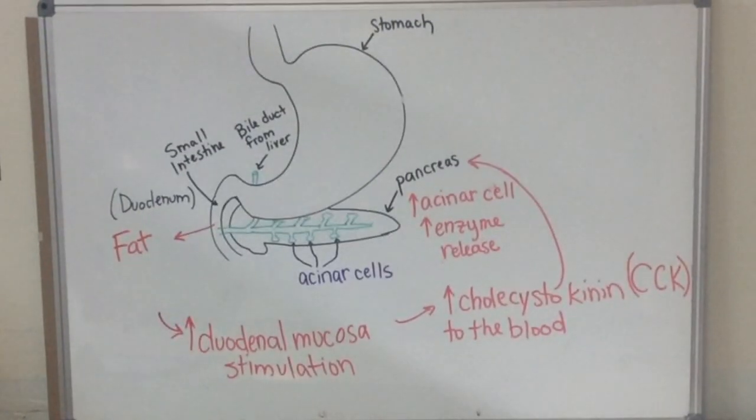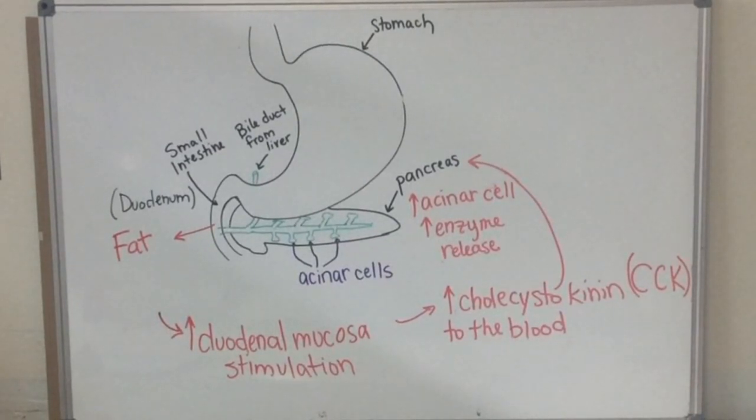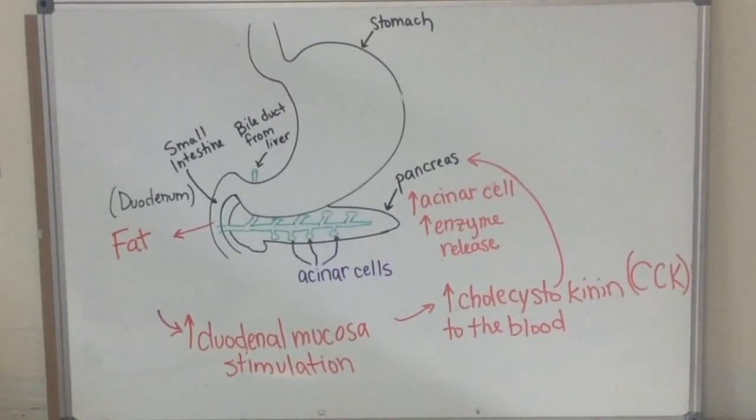Another important regulator of pancreatic secretion is cholecystokinin. Cholecystokinin, or CCK, is stimulated for release when there is an increase in fat in the duodenum. This increases the stimulation of the mucosa of the duodenum, which increases the release of cholecystokinin into the blood.